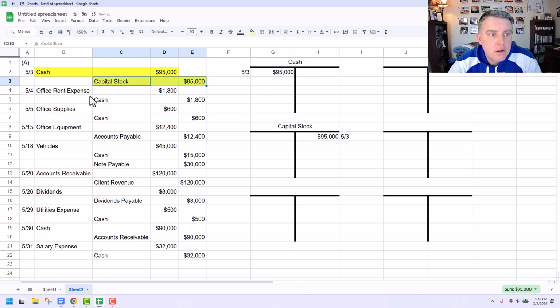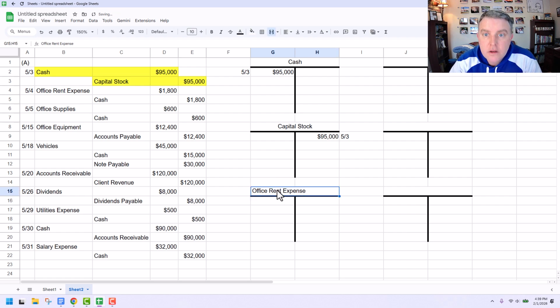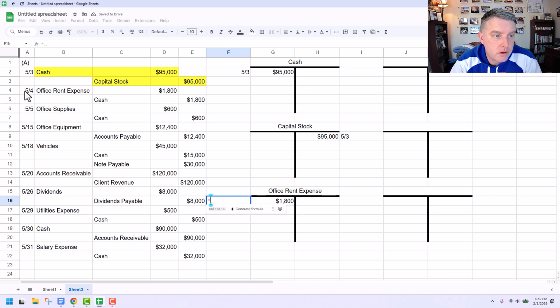okay? Office rent expense, that's a new account. Office rent expense. And I'm going to center this, and this will be for $1,800. And so I'm going to link it here, $1,800, and this is going to be on May 4th.